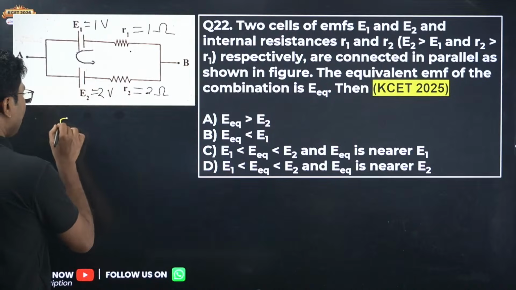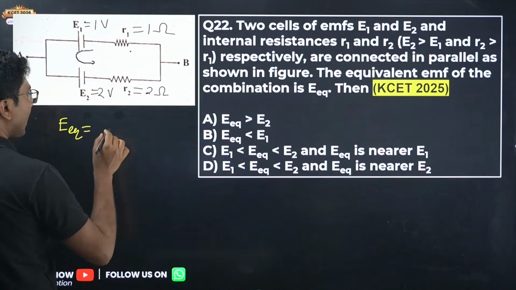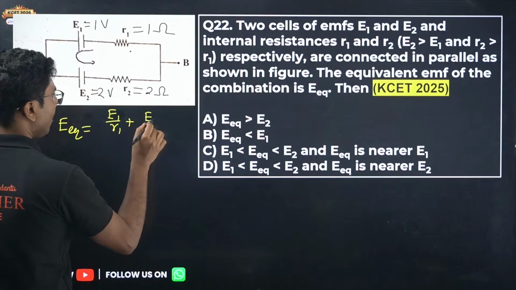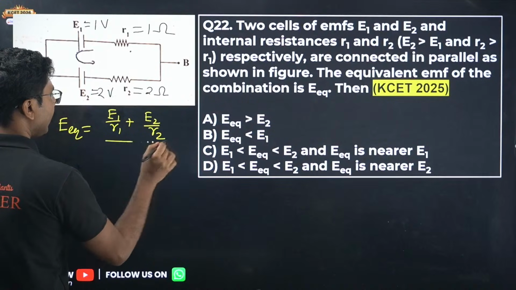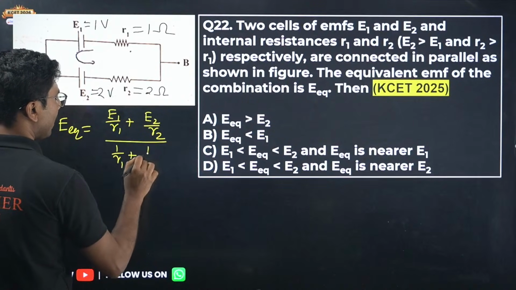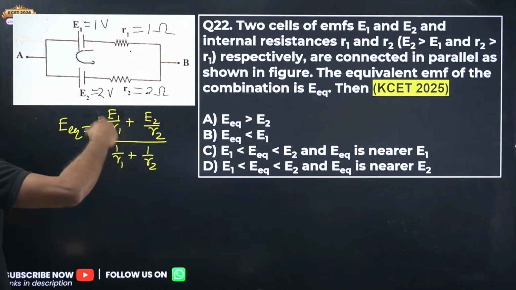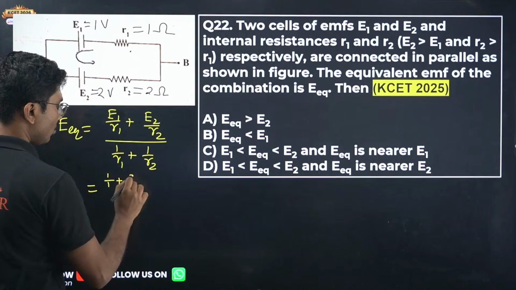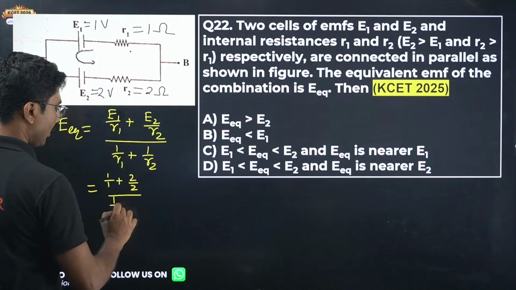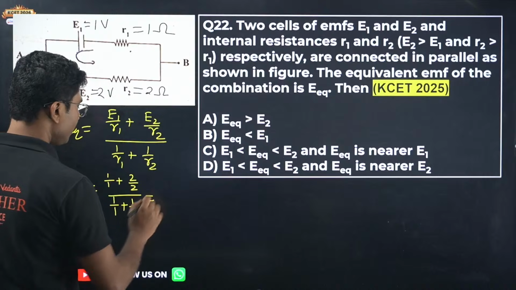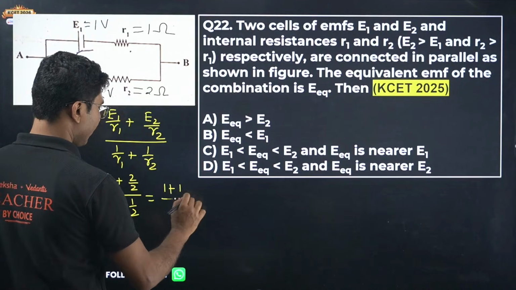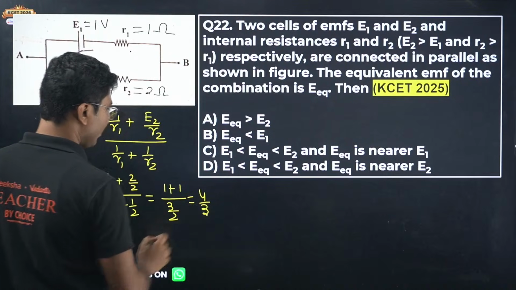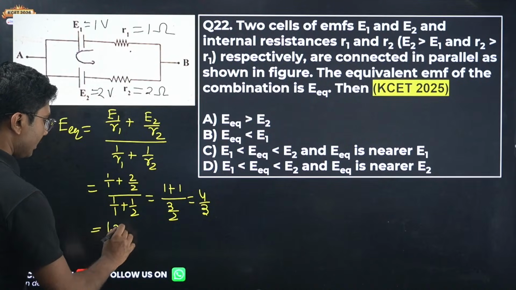Now equivalent EMF is given by (E1/R1 + E2/R2) divided by (1/R1 + 1/R2). If you remember it this way, it is very easy to remember. So we get (1/1 + 2/2) divided by (1/1 + 1/2). That is 1 plus 1 divided by 3/2, which is 4/3, so 1.33.